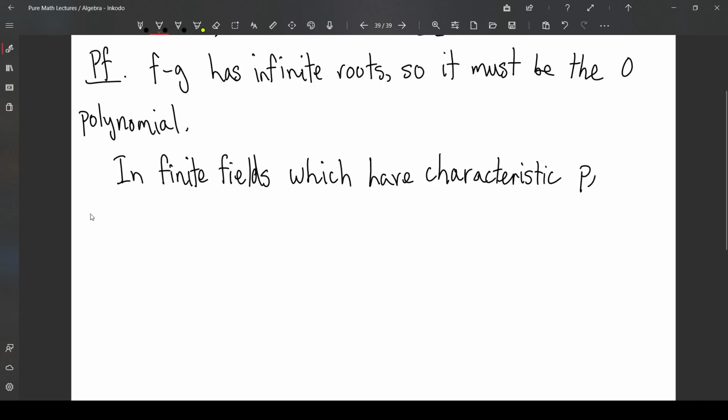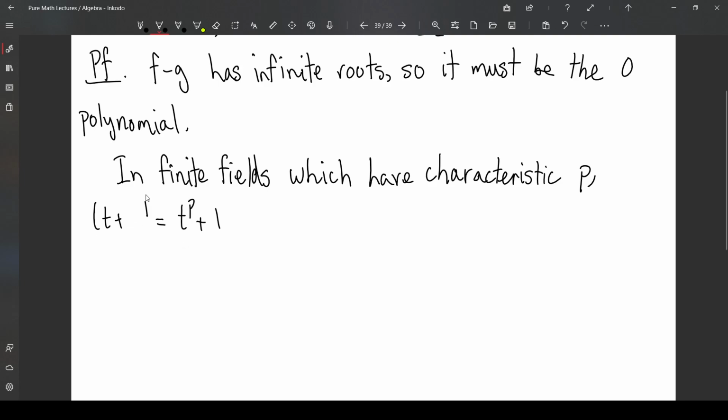So in such fields, we proved the so-called freshman's dream, I guess, and we showed that this is true. And so clearly, this is some polynomial.